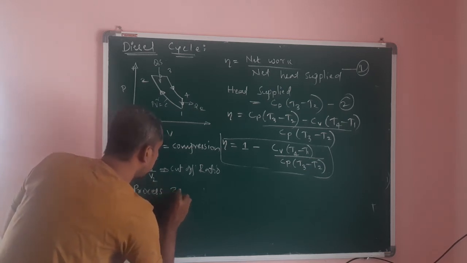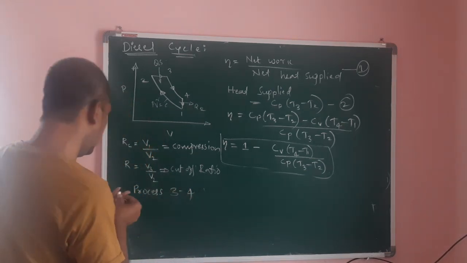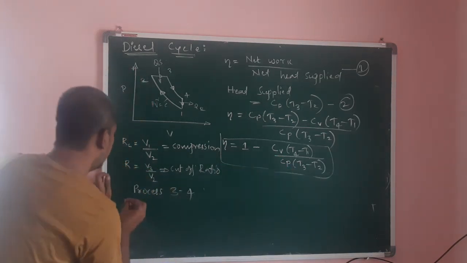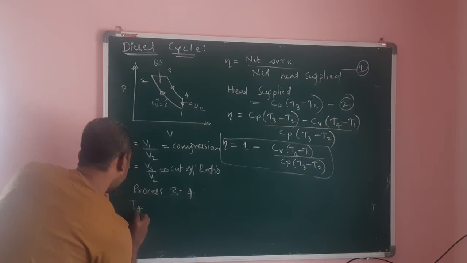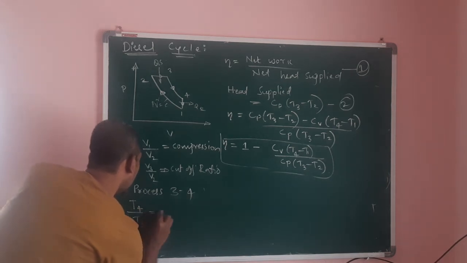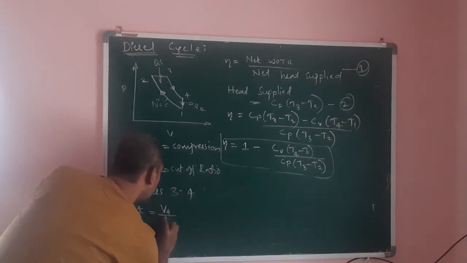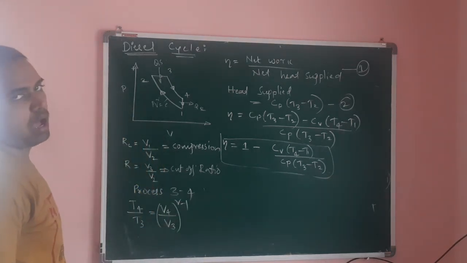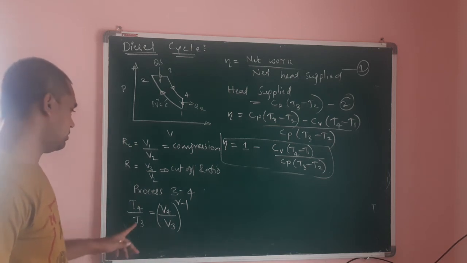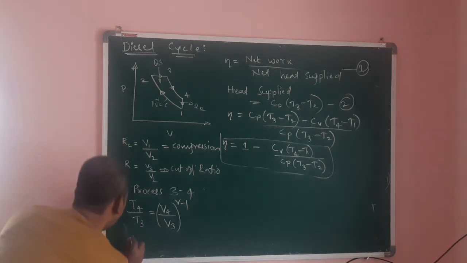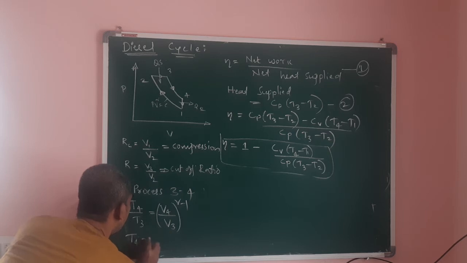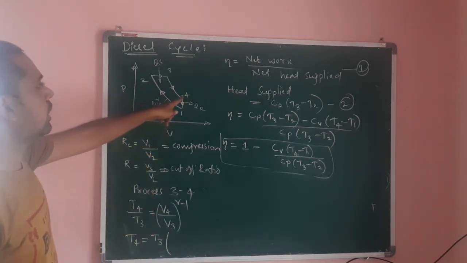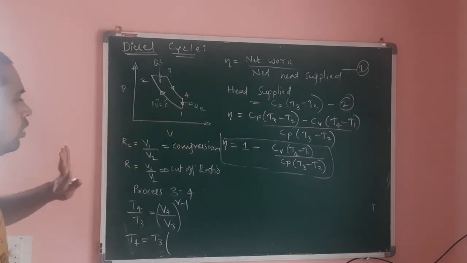For the process 3 to 4, if I write T4 by T3 is equal to P4 by P3 raised to gamma minus 1, because 3 to 4 is the isentropic process. Therefore T4 is equal to T3 into, what I will do? P4 equal to P1.